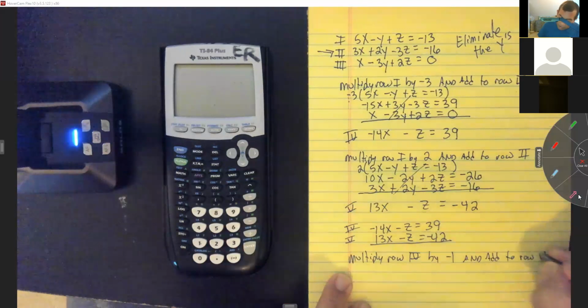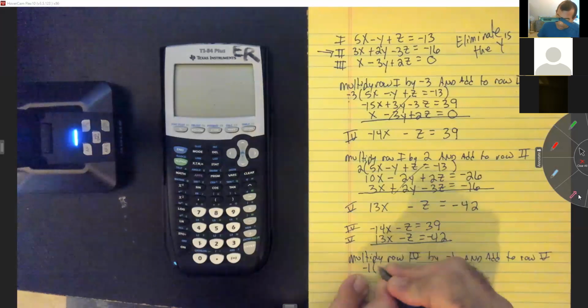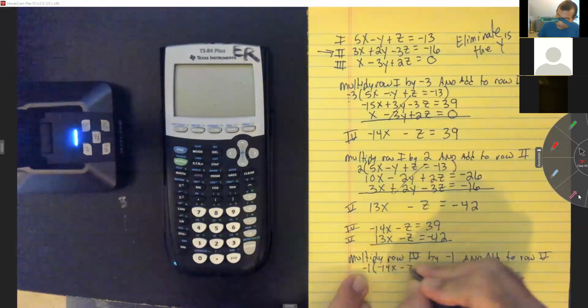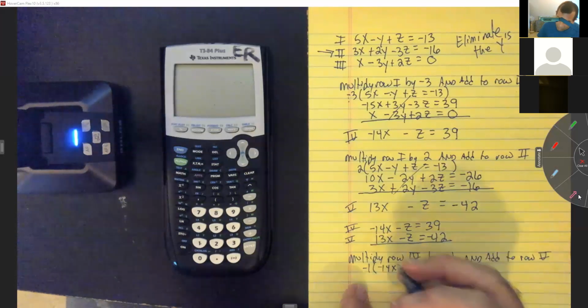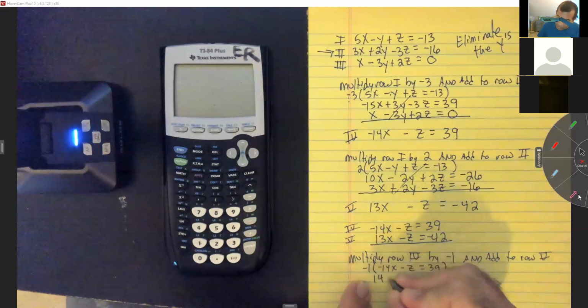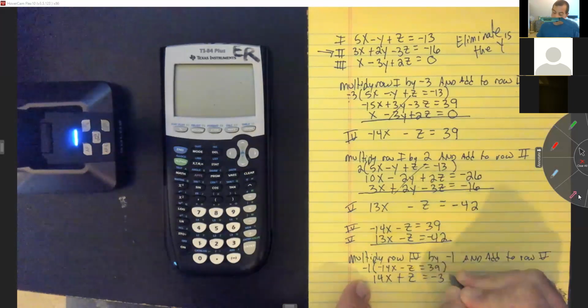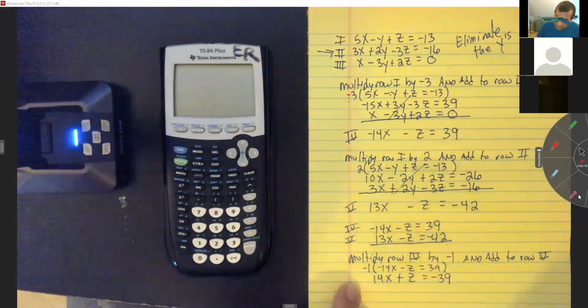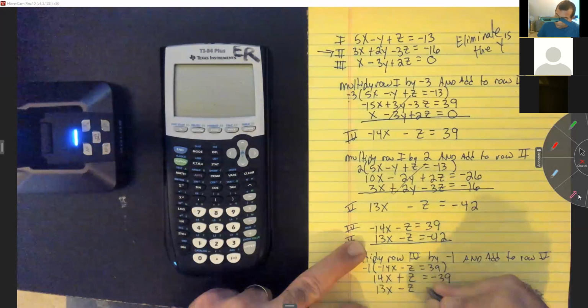So negative 1 times negative 14x minus a z equals 39. All we're doing is changing all the signs. So I get a 14x plus a z equals a negative 39. Add that to the 13x minus z equals negative 42.